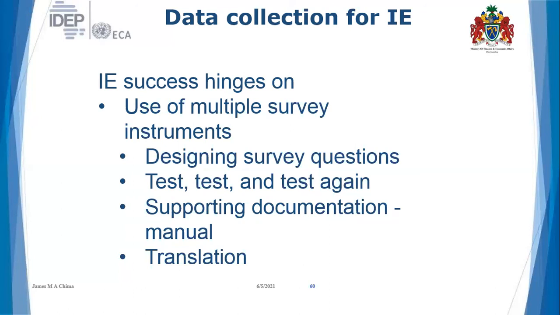So this is crucial and therefore requires that we have to do an appropriate designing of the questions that will be packaged for each instrument. And these questions need to be tested so that they are able to give us the required and needed information. We sharpen them.